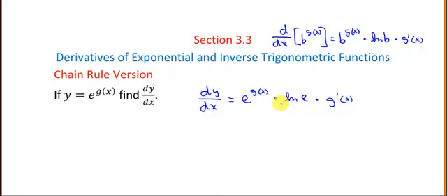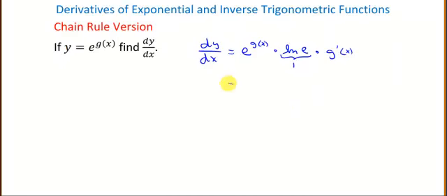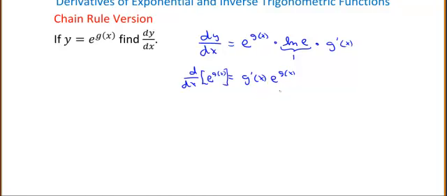And of course, this natural log of e is 1, so this becomes just g prime of x times e to the g of x. So the derivative with respect to x of e to the g of x is simply g prime of x, the derivative of the exponent, times e to the g of x, the original exponential function.